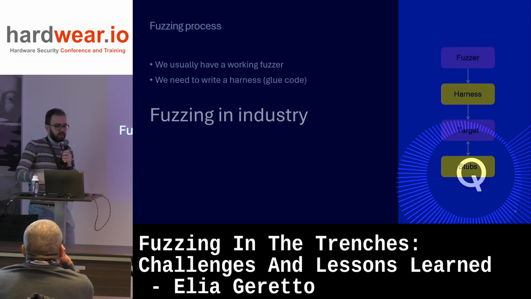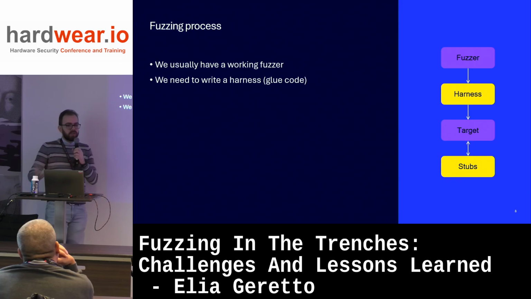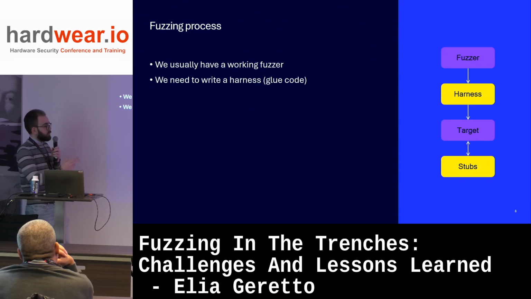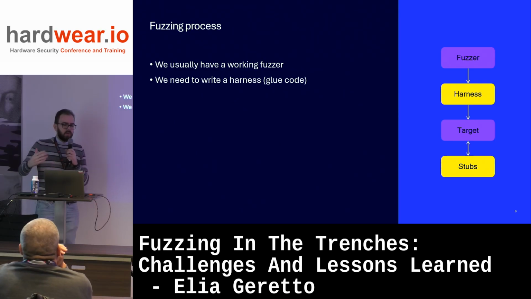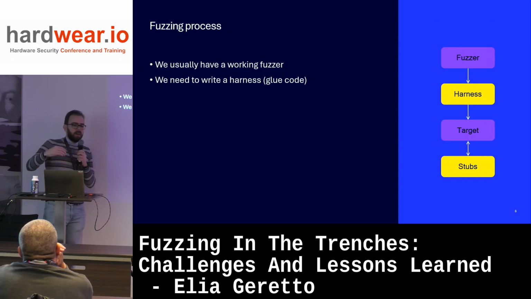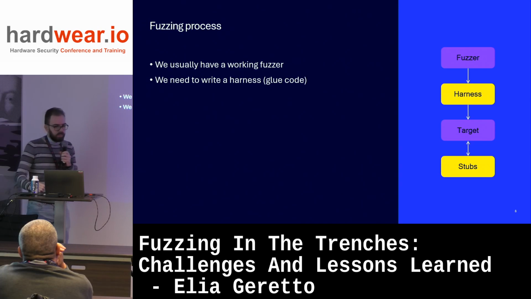The first part is the fuzzing process. When you start and develop a fuzzer, it looks kind of the same, maybe a bit different from academia, because you usually start from a working fuzzer. So you already have your fuzzer that works, has the possibility to accept feedback, and produces random data without trouble. It fits your target. Usually what you end up doing is writing the harness.